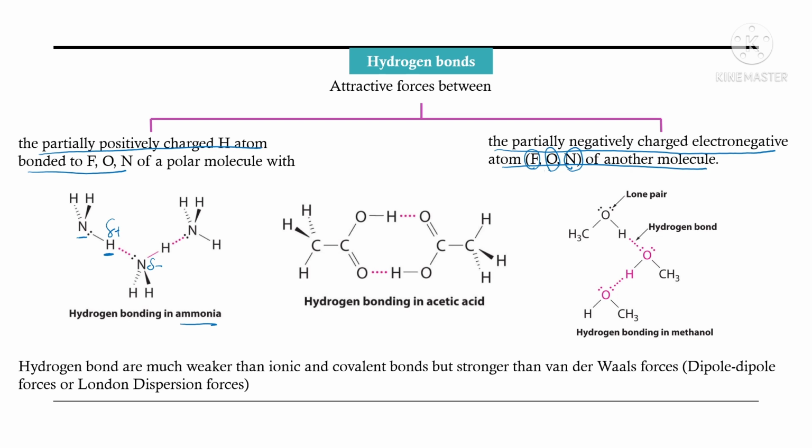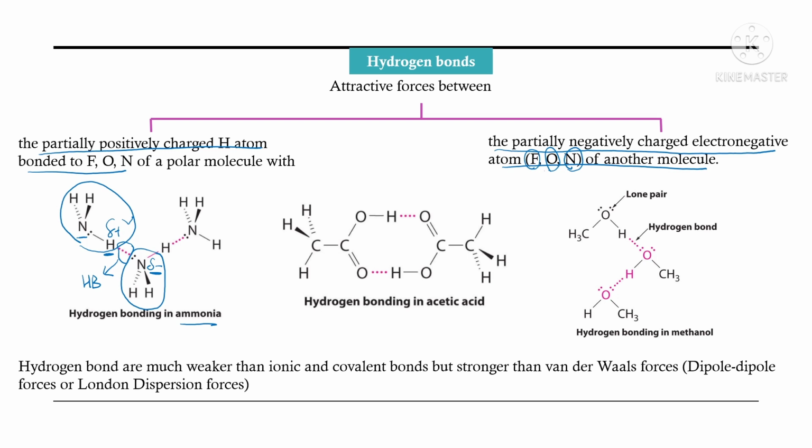And what is a hydrogen bond? It is the attractive force between the partially positively charged hydrogen atom of a polar molecule with the partially negatively charged electronegative nitrogen of another molecule. So this is the hydrogen bond between ammonia molecules.